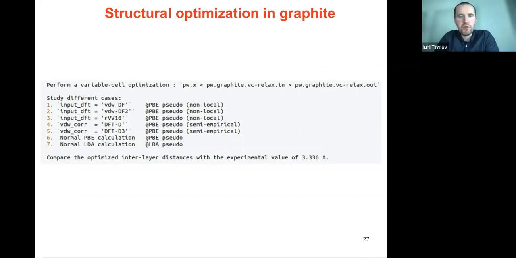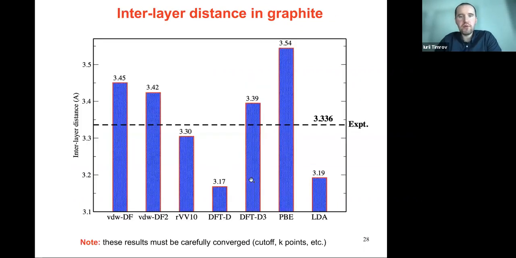Using what you learned yesterday for structural optimization, the so-called vc-relax, you need to do the vc-relax calculation in these 7 ways. Then for the converged optimized structure, you need to determine the interlayer distances using XCrySDen, for example. By doing so, you should obtain something like that.